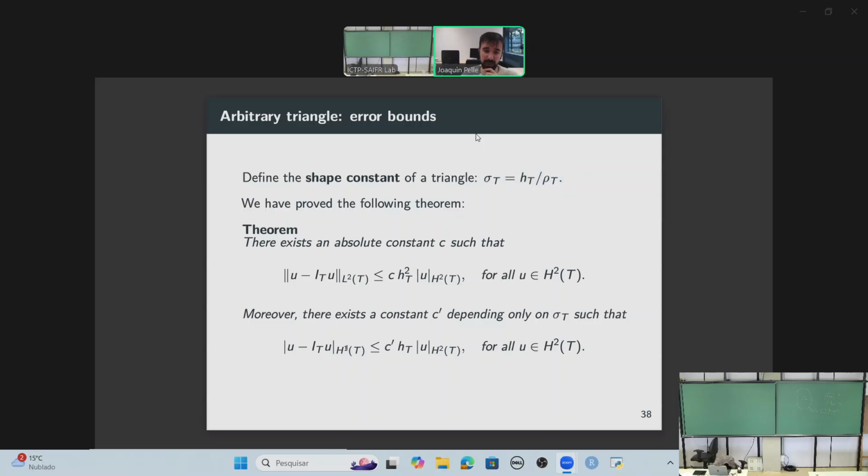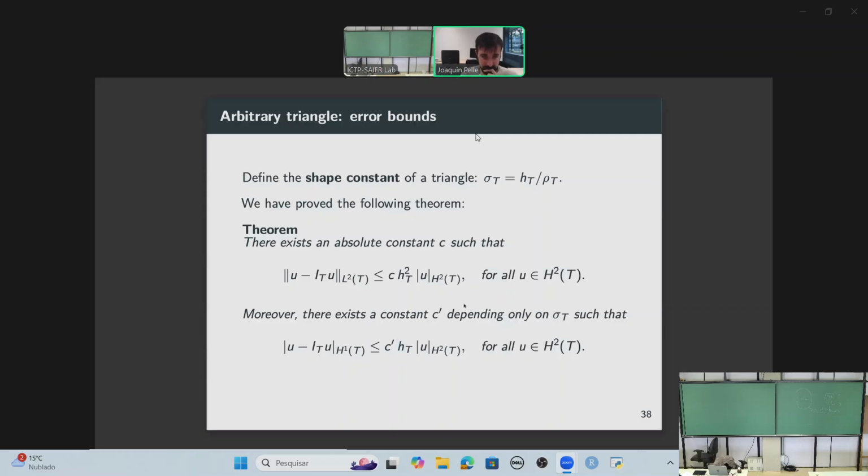That allows us now to bound also the H1 semi-norm in this way. This is what we saw before. Well, C prime, now we can see that the factor just disappeared. We absorbed it into the constant here. So we have the HT here.